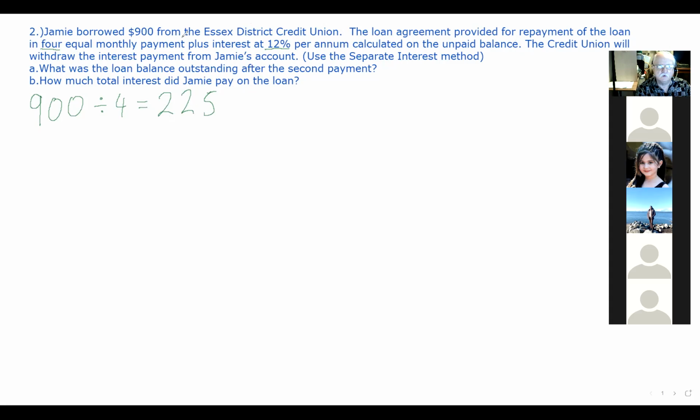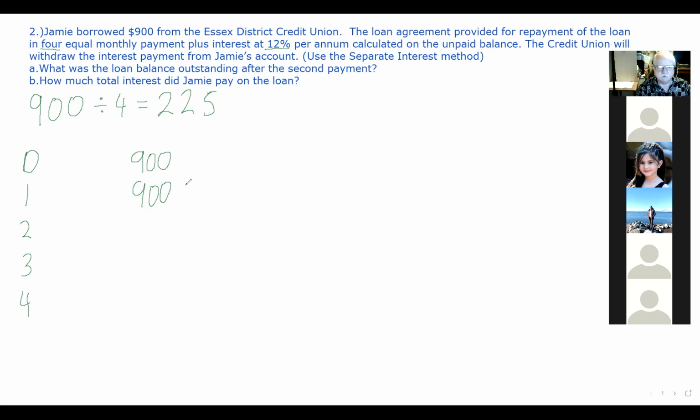Now, they don't give us any actual dates, so we'll just go with payment number 0, 1, 2, 3, and 4. So in time period 0 here, we've got $900, and it's going to accrue interest between here and here.